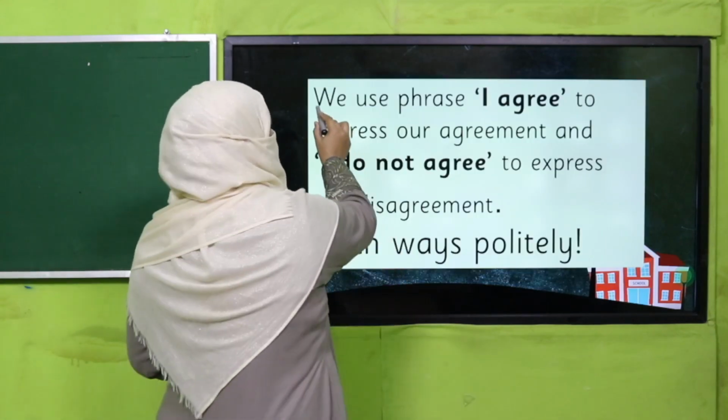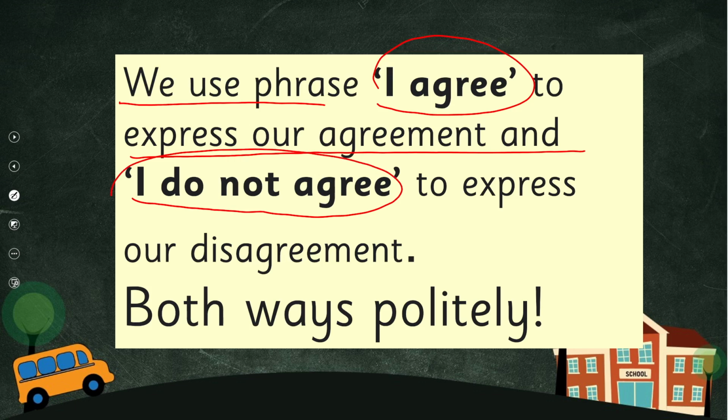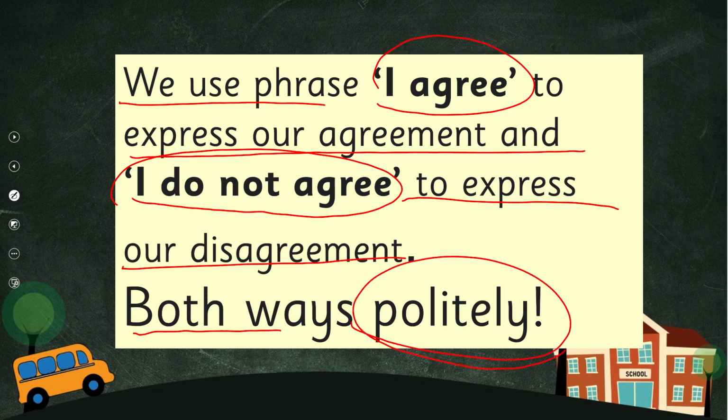We use the phrase I agree to express our agreement and I don't agree to express our disagreement. Both ways politely. That's the key. Nicely, politely, with good manners.